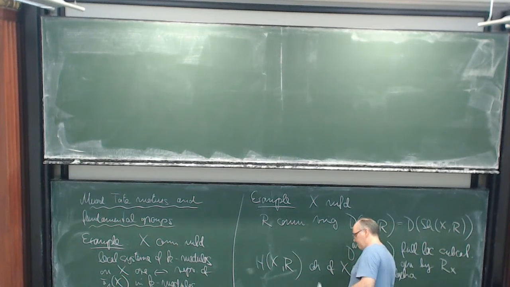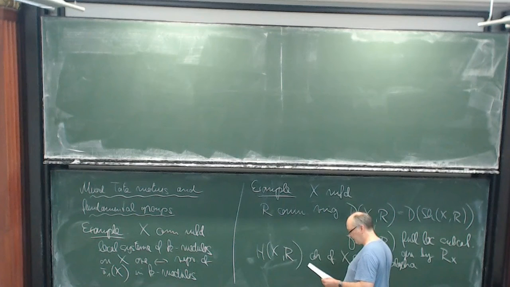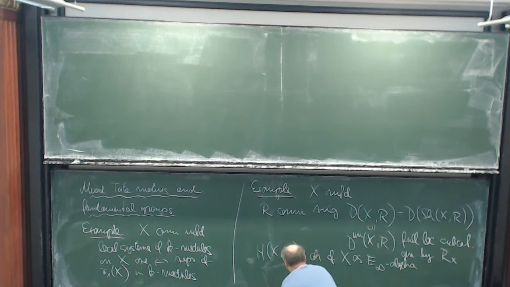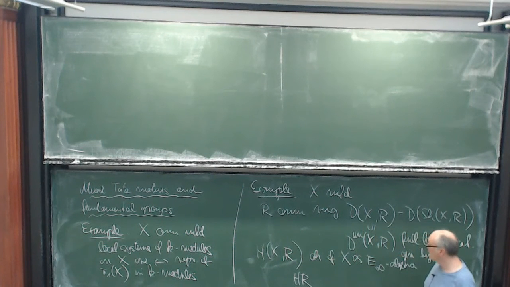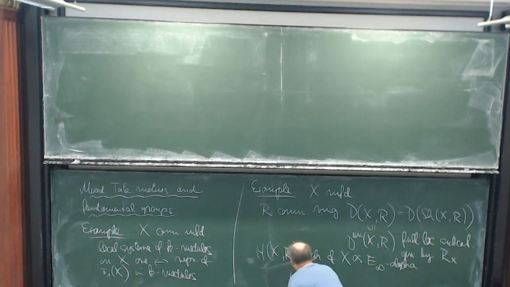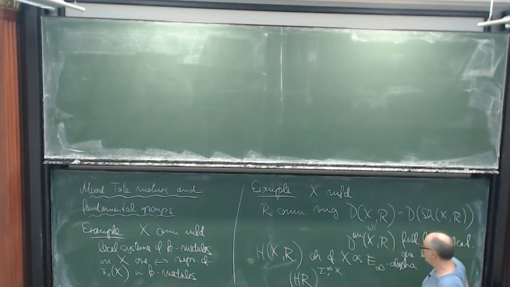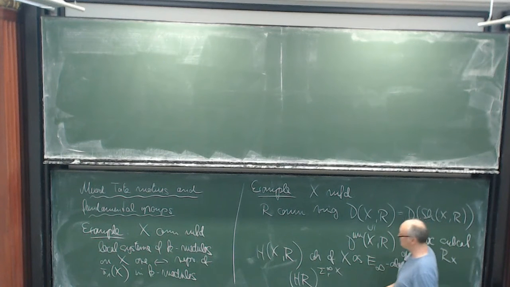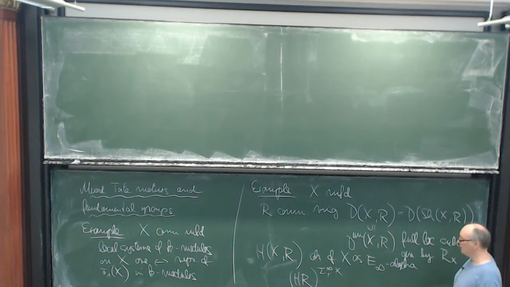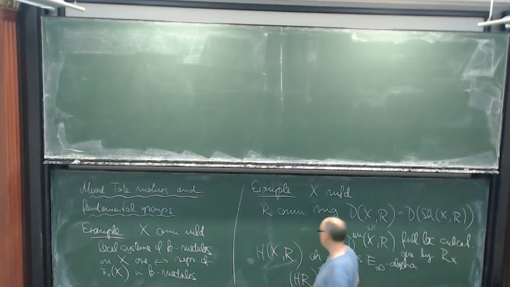You can think about it, for example, if you work with spectra, you can take the Eilenberg-MacLane spectrum on R, which is already something like a commutative ring spectrum, and take the function spectrum out of the suspension spectrum of X into this. Because X has a diagonal, this will inherit a commutative ring spectrum structure, and this is denoted H(X,R).